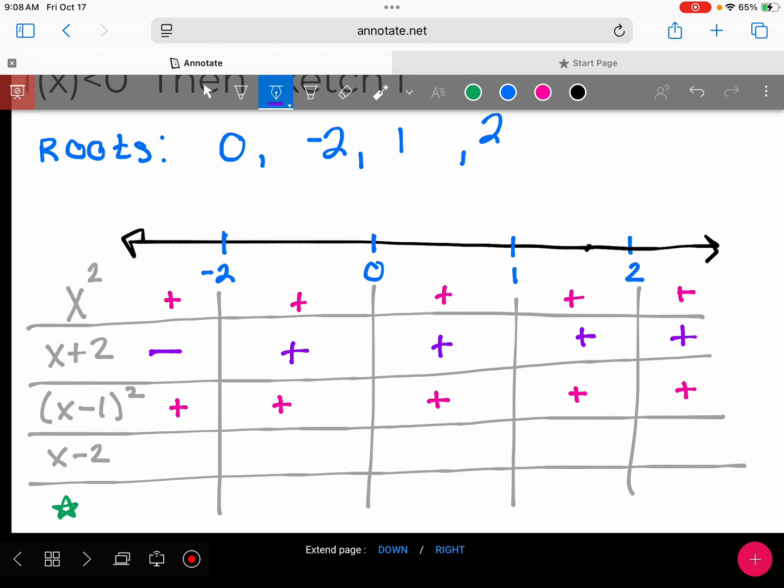So on this bottom row, positive or negative? Negative. And then negative. And then negative. And then negative. And then positive. Oh, look, it changed.